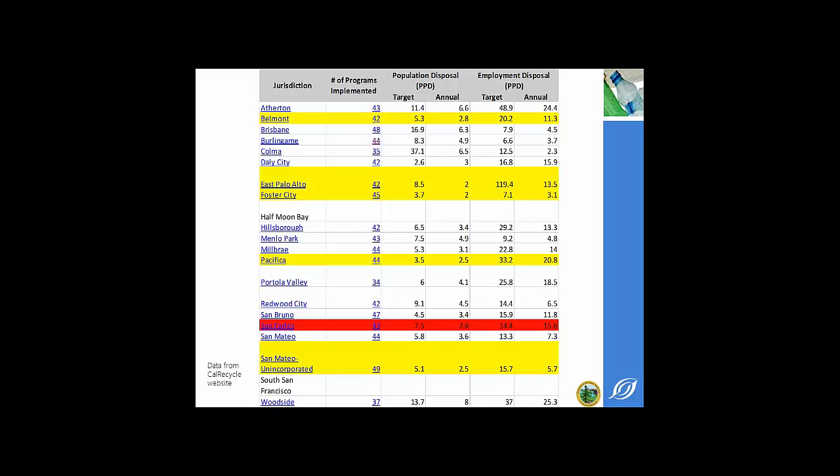The cities have to report back that information, implement new programs, and create strategies on how they're going to reach that target. So the cities in yellow have not only reached their goal, but have dramatically reduced their pounds per day disposal.